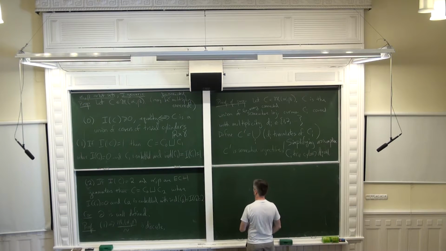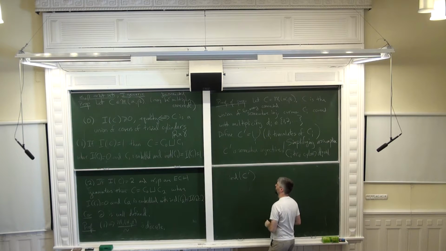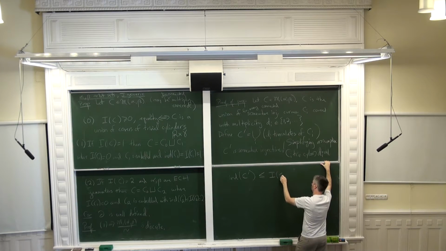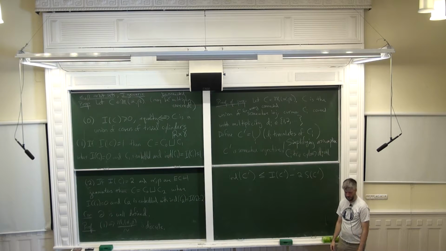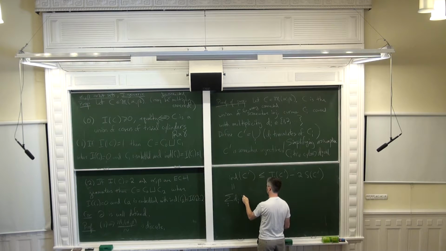So now we know that the ECH index of C prime is less than or equal to the Fredholm index of C prime minus 2 delta of C prime. That's the index inequality. Now, what is the Fredholm index of C prime? The Fredholm index of any holomorphic curve is the sum of the Fredholm indices of its irreducible components. So this is simply the sum over i of d_i times the index of C_i.